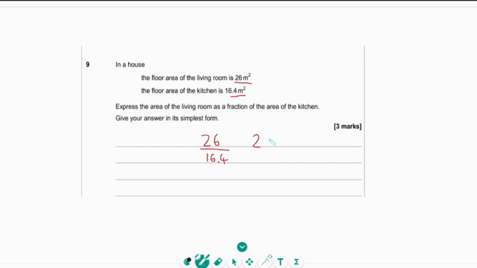I'm going to times both sides by 10 first to get 260 over 164. I'm now going to divide both sides by 2, which gives you 130 over 82. I'm going to divide both sides by 2 again, 65 over 41. You can give it as a mixed number if you like.